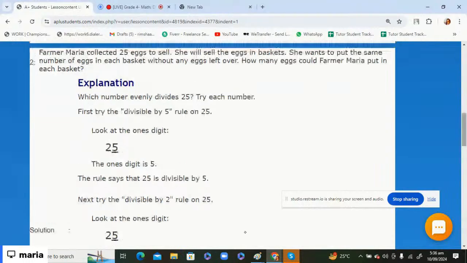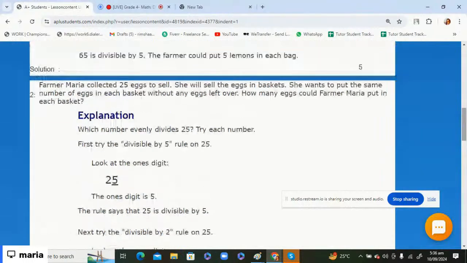So, farmer Maria collected 25 eggs to sell. She will sell the eggs in baskets. She wants to put the same number of eggs in each basket without any eggs left over. So, how many eggs could farmer Maria put in each basket? The total eggs are 25. So, first of all, start from the 2.